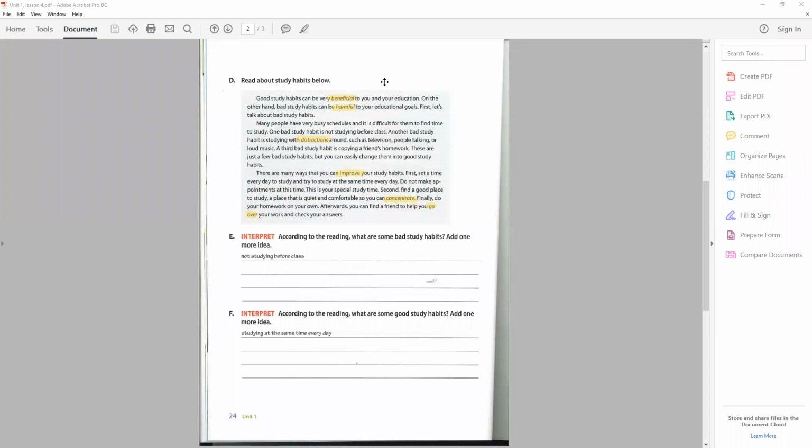So we are actually going to talk about them a little bit. Beneficial in Spanish is beneficioso. Harmful is perjudicial.